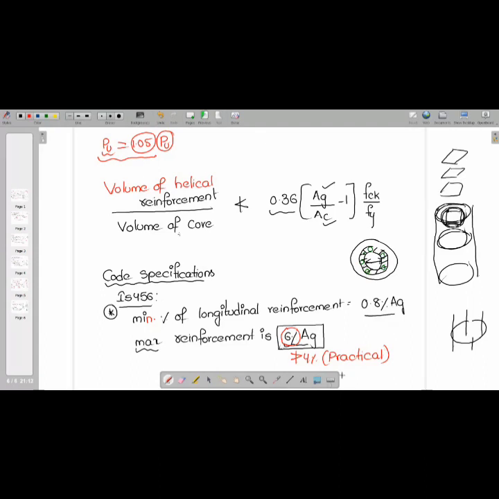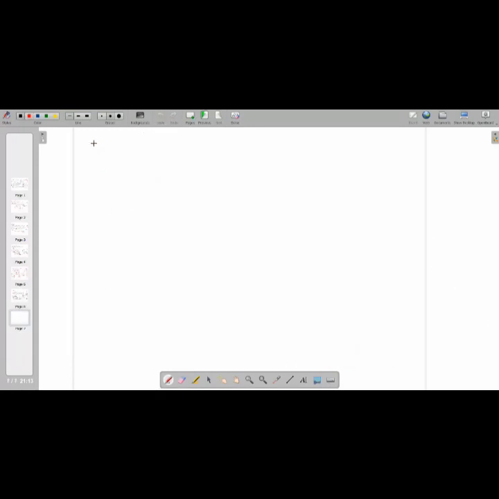Now, there can be another question asked here: what is the minimum size of longitudinal bar used in reinforcement? As I told you previously, we use Fe250, that is mild steel, but nowadays no one is using Fe250 grade because it can be manufactured from recycled iron.